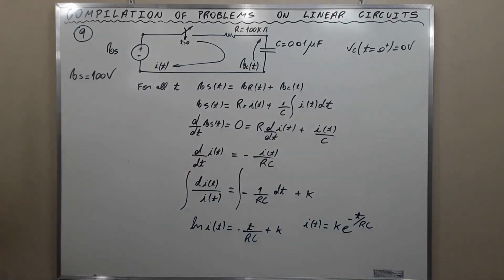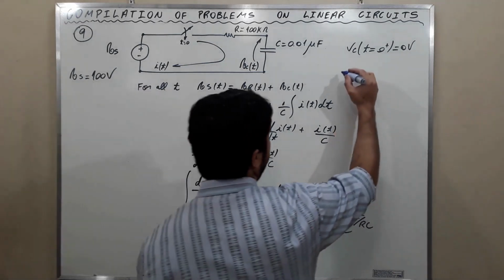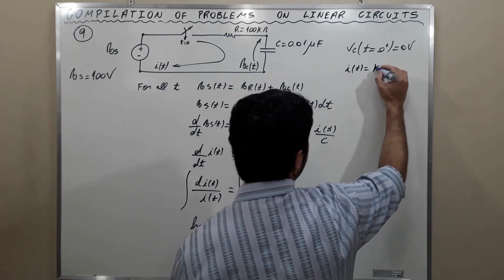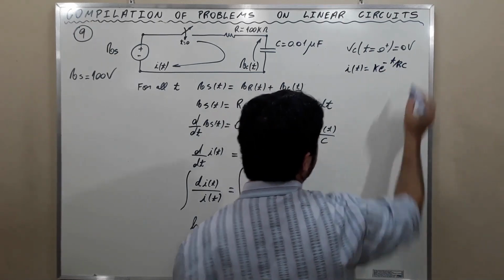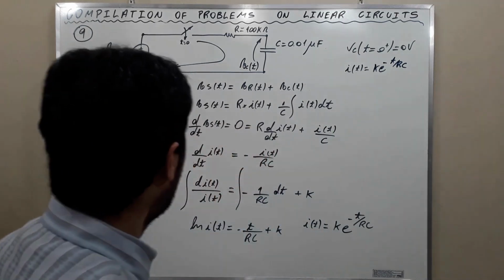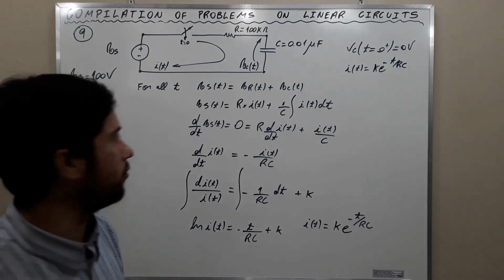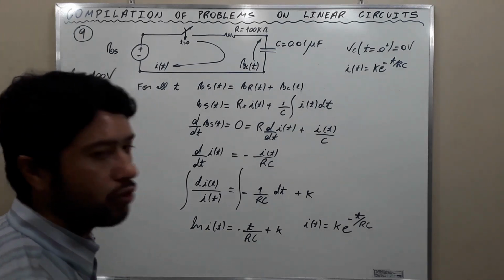Okay, this is the value of the current. Let's save it here, because this is the most important result. And I'm going to clean the board for more expressions that we need to consider.